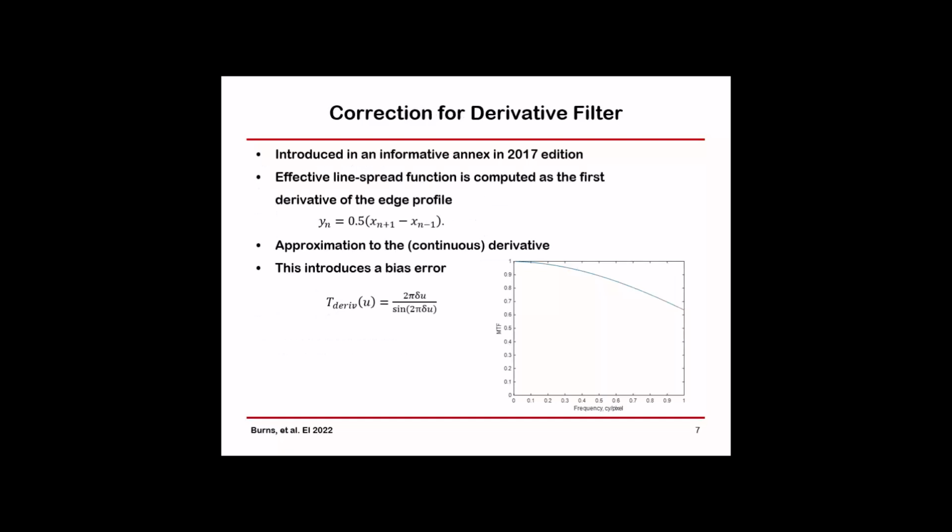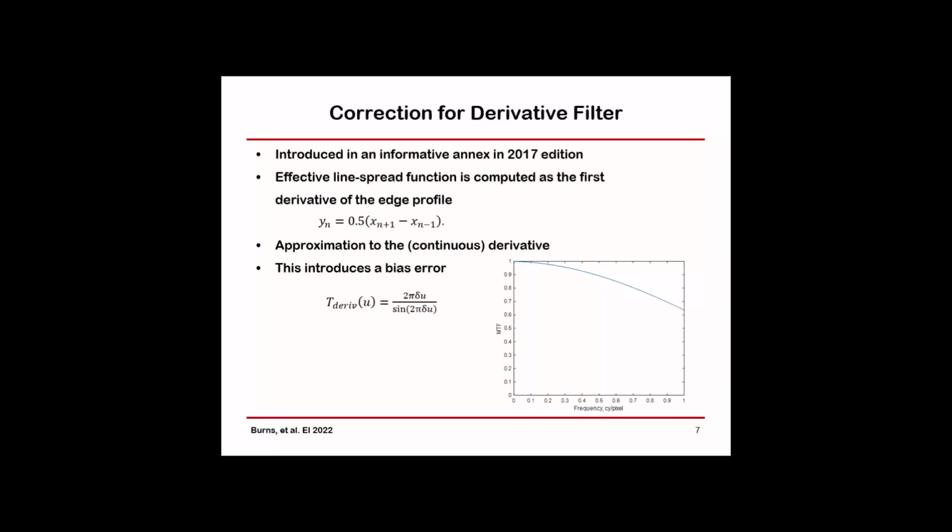The correction for the derivative filter was introduced as an informative annex in 2017, but not part of the main part of the standard. Essentially, the effective line spread function is computed as the first derivative of the edge profile, as I said before. Since this is sampled data, discrete pixel locations, or subpixel locations in our case, we compute that with a finite difference.